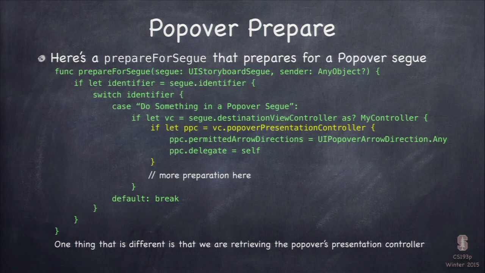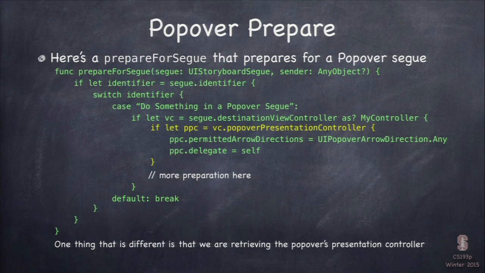Okay? So here's a brief slide. We'll have a brief slide that talks about that in a second. But first I want to show you how in prepare for segue you get a hold of that popover presentation controller, and you can do something like set self as delegate. So in this prepare for segue, all the green is basically exactly the same as you would have in any other prepare for segue.